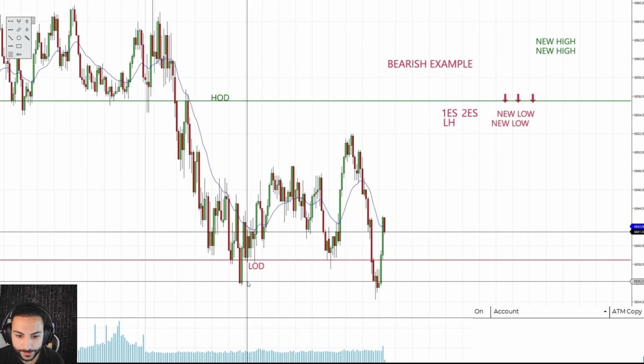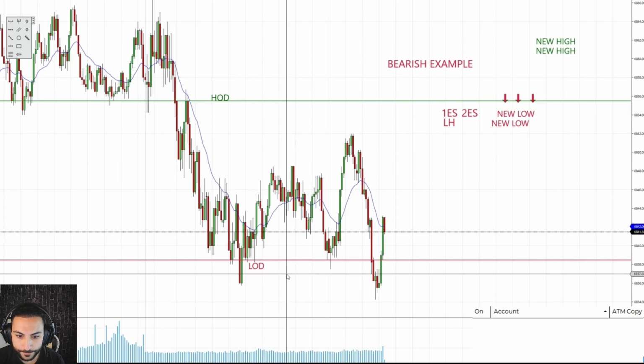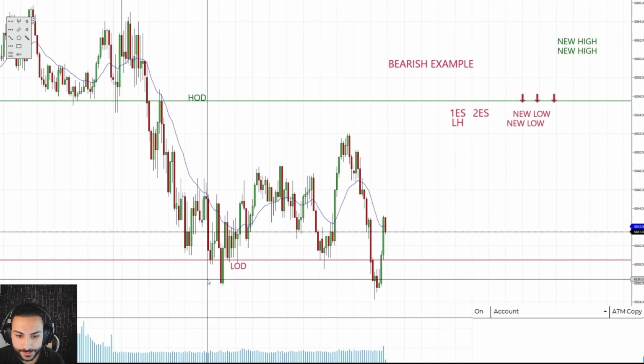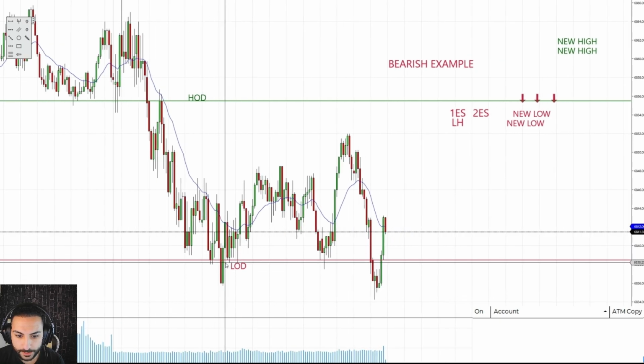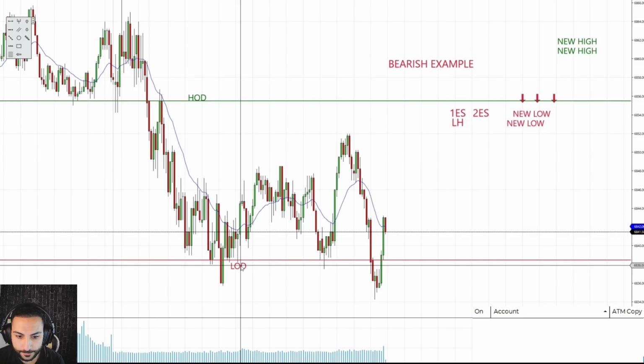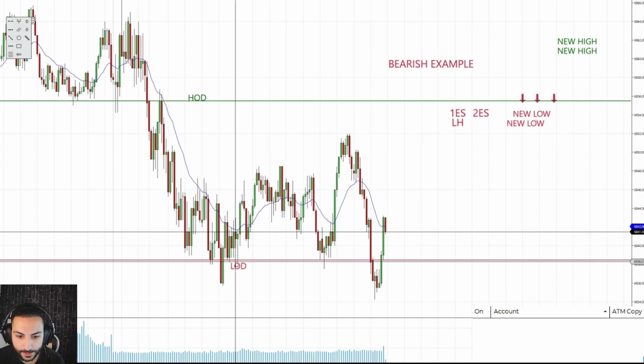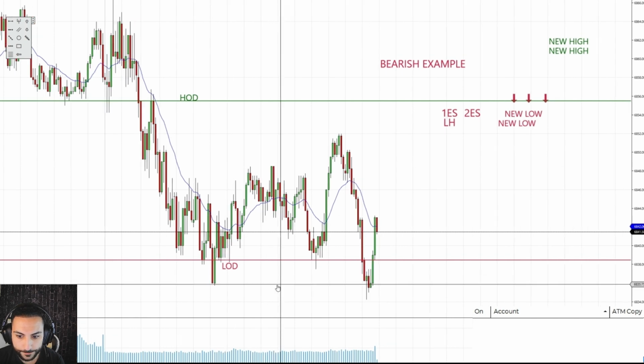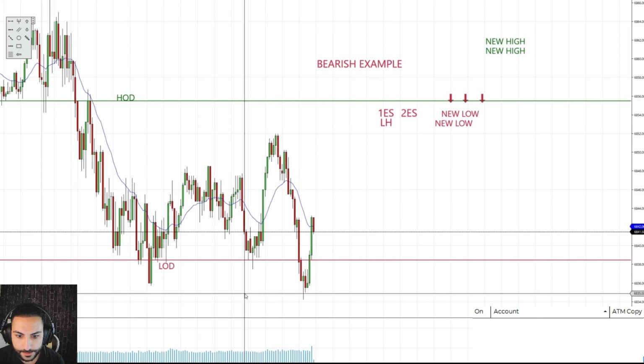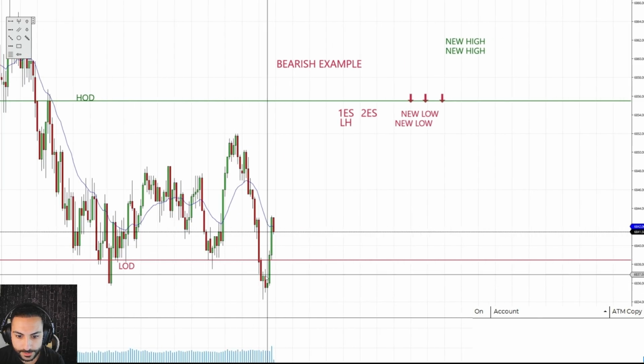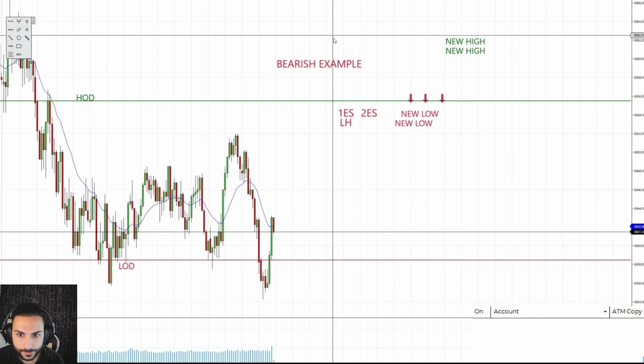This is the low of day, the LOD, and the high of day. And as you guys see, as price came down to this level, we held, we had a double bottom, right? So the bulls actually ended up buying this price. They bought the low and prices reversed up, right? So as price is going, I'll explain later what's happening here.